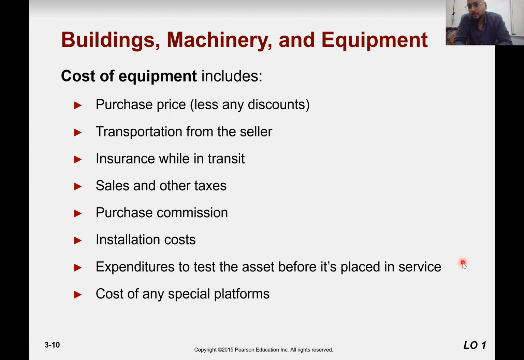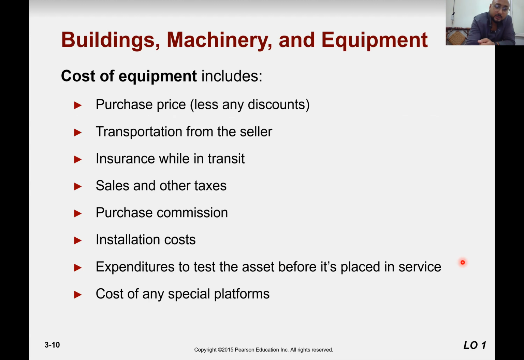Right? You are hiring an IT services professional to check my laptop for the first time that I bought it, I need to pay him. You are installing Windows for the first time in this computer. That installation cost is also added to the cost of this laptop, right?